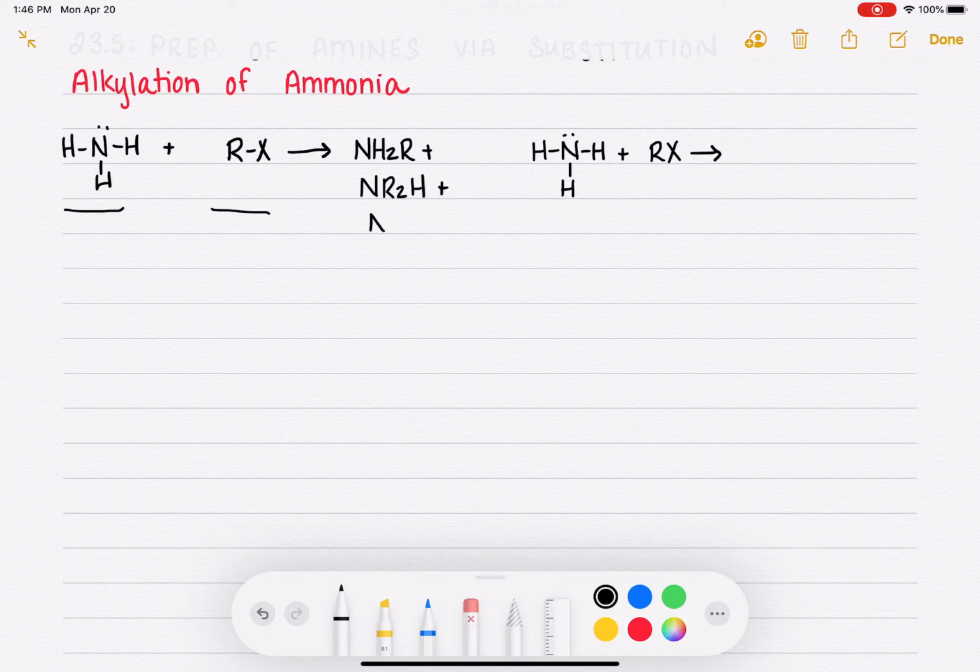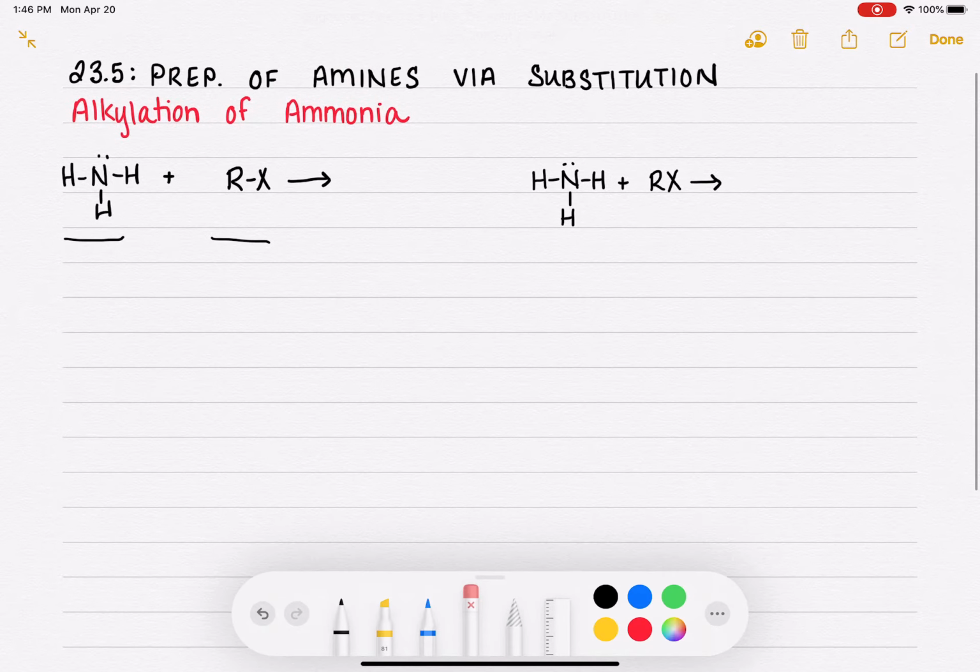And some of the ammonia molecules would get alkylated 3 times, so we would end up with an NR3. And some of them would even get alkylated 4 times, NR4 plus. And because many of them are being alkylated more than once, we're also going to end up with some unreacted ammonia as well, and that's a lot of different products. It's not ideal. And this again is just because the reaction is really easy and favorable, and we cannot control the reaction by controlling the stoichiometry.